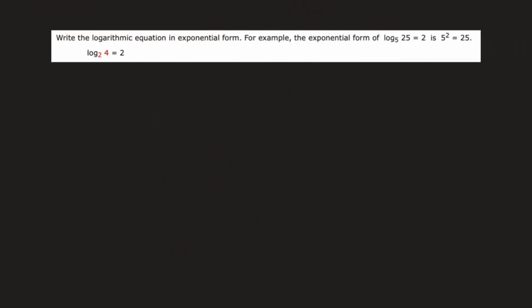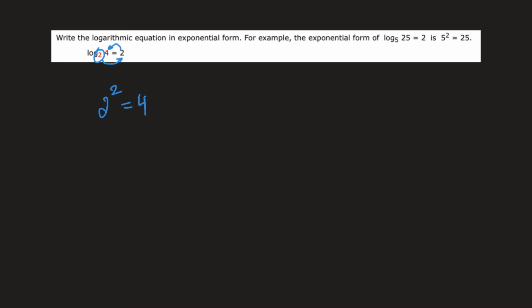In this question, we have to change the logarithmic equation into an exponential form. You're always going to start with the base, which is 2, and then follow this counterclockwise pattern. So 2 to this power is equal to this. So the base to the second power is equal to 4.